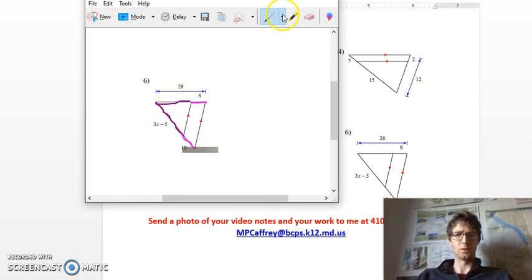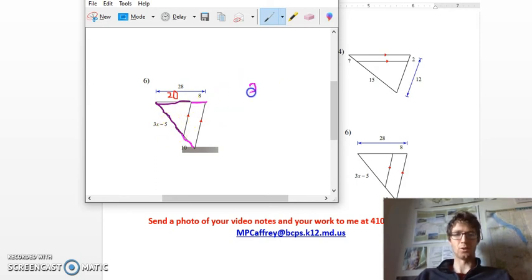So, let me see here. So this is 8. What's this section here? It would have to be, the whole thing is 28, this section is 8, so this right here would have to be 20. And I think we have everything else we need. Okay. So, I'm going to say that 20 is proportional to 3x minus 5.